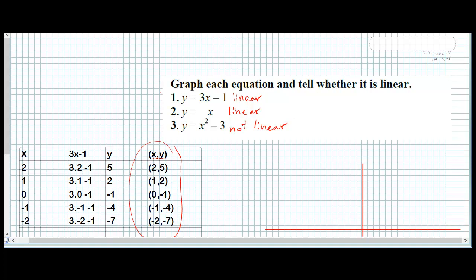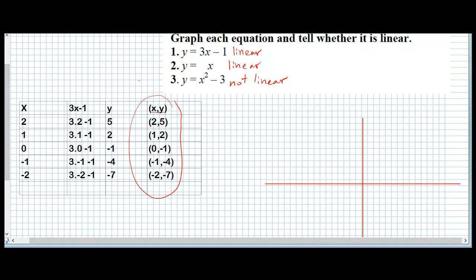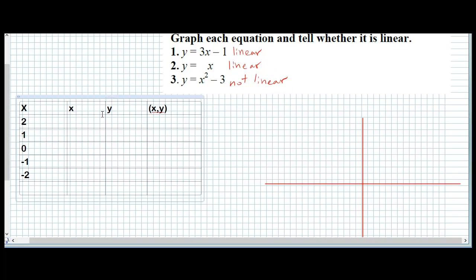Okay, so let's make the second table. y equals x. Here we have only x, so if I put any number for x, it will give me y equal to the same number. I will remove x and put 2, then 1, then 0, then -1, then -2.